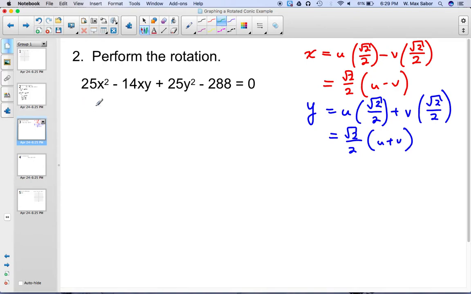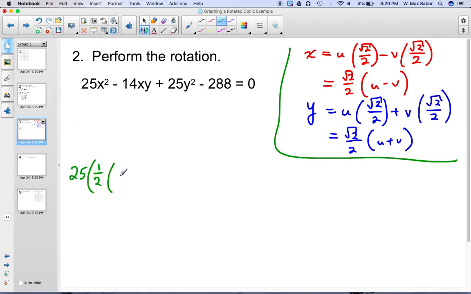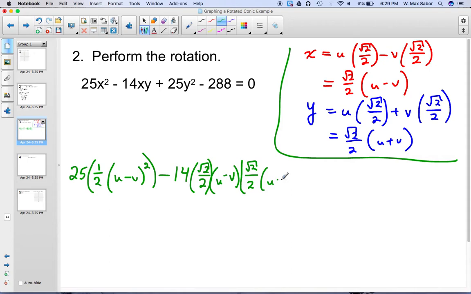Now we can substitute those in. So we're going to get 25 times 1/2 times (U minus V) squared, minus 14 times root 2 over 2 (U minus V) times root 2 over 2 (U plus V), plus 25 times 1/2 times (U plus V) squared, equals 288.